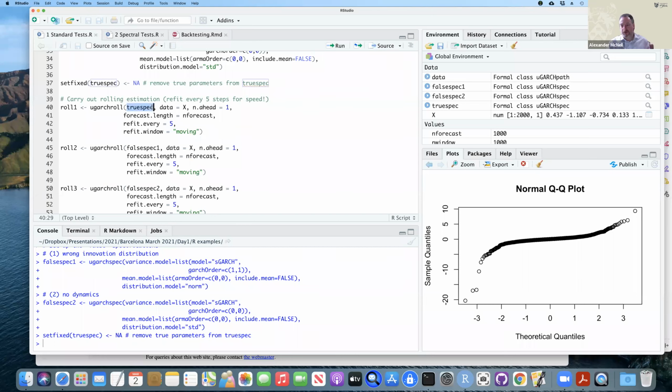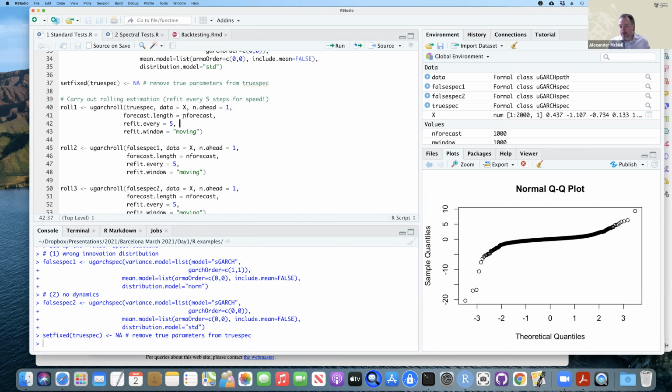Group 1 is using the true model, I beg your pardon. Group 2 is using the first wrong model, and group 3 is using the second wrong model. And they're always forecasting one step ahead, okay? And they are going to carry out 1,000 forecasts.